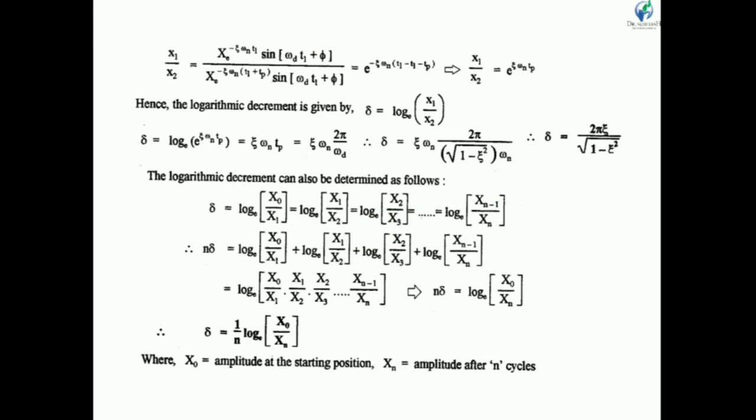Similarly, we can write it as log xn minus 1 upon xn, because delta is the same for every period of cycle. So in a general way, n delta is equal to log x0 upon x1 plus log x1 upon x2 plus log x2 upon x3 plus log xn minus 1 upon xn.